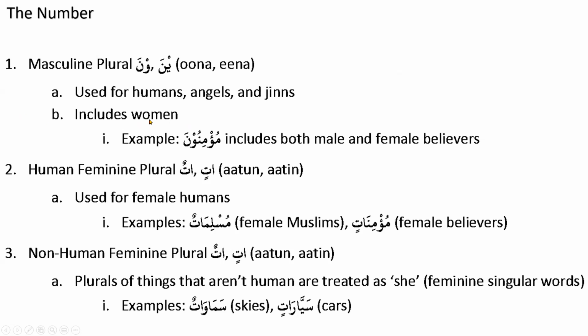If I remember, I told you at the very beginning, there is a concept in Arabic. If I say, the Muslims of our area, and I use the word Muslimuna, that includes men and women, or it can only include men. But if I say Muslimatun of this area, that only means I'm talking about feminine. So feminine has its own category, while the masculine one can cover men and women both, or only men.